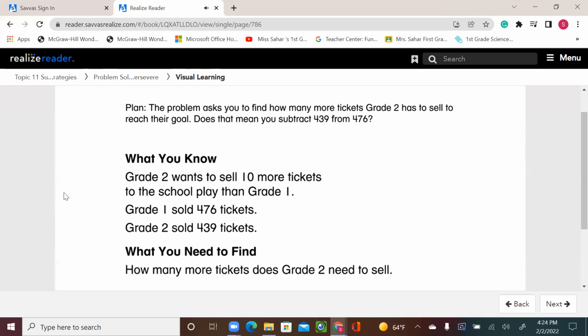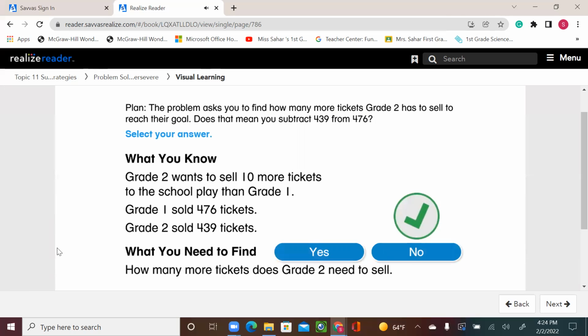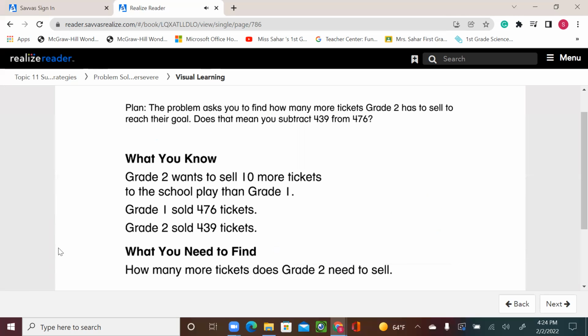Does that mean you subtract 439 from 476? Select your answer. No, because 476 is not the Grade 2 goal. 476 is how many tickets Grade 1 has sold.